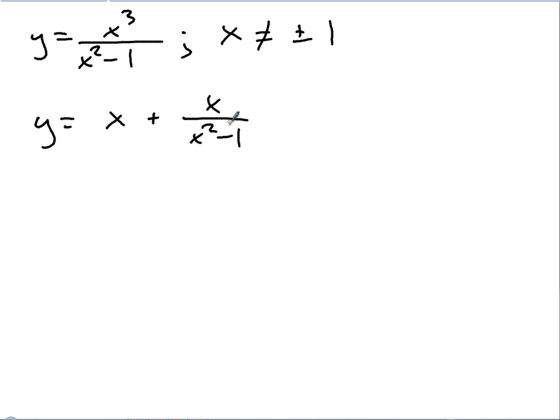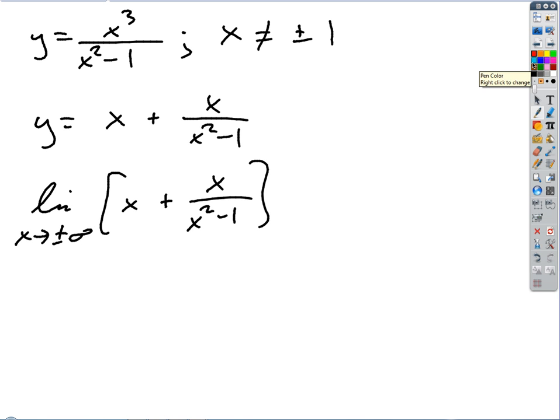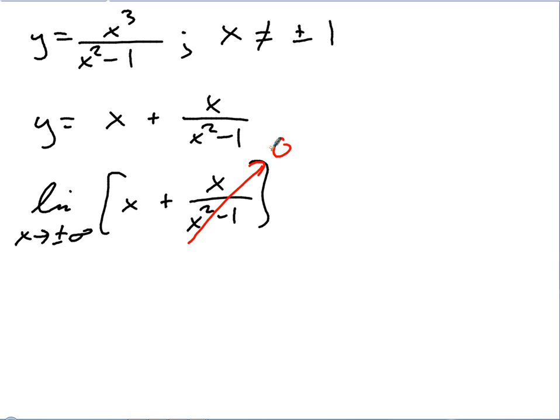And then we said in the limit that x goes to plus or minus infinity, remember what happened? We said that this rational function would go to 0, and so it just looks like the limit of x, right?